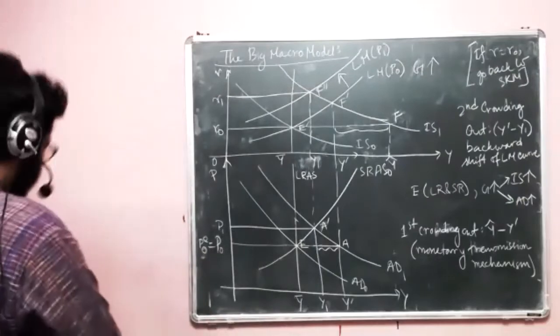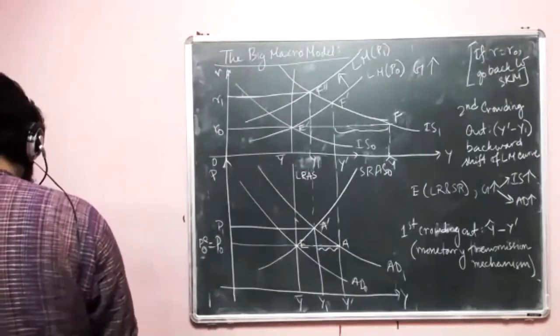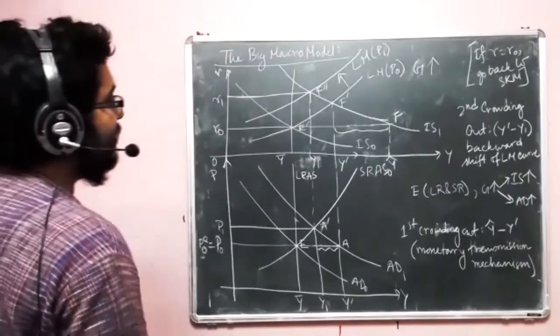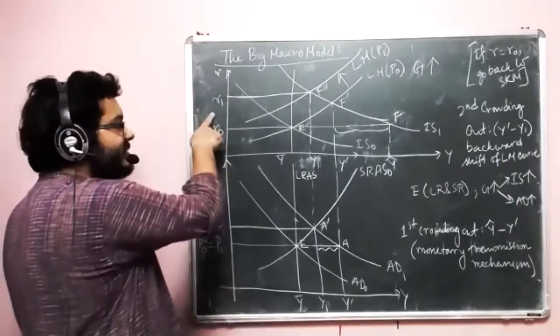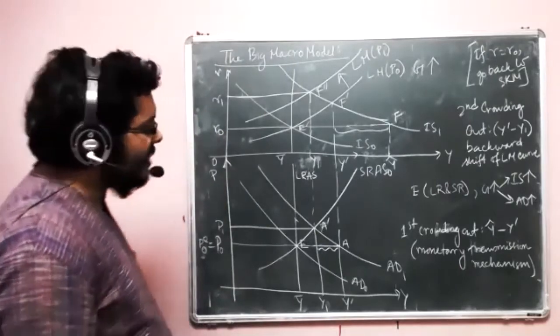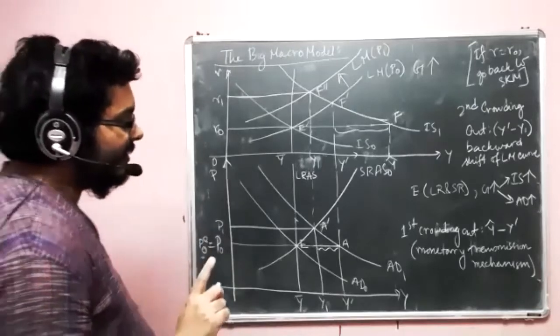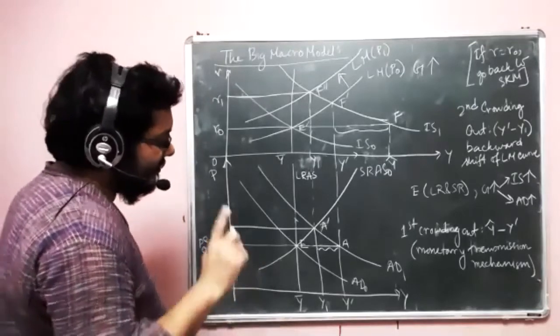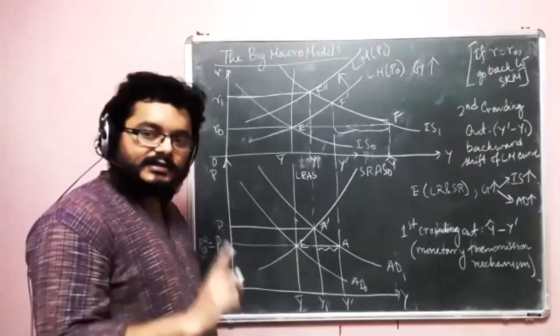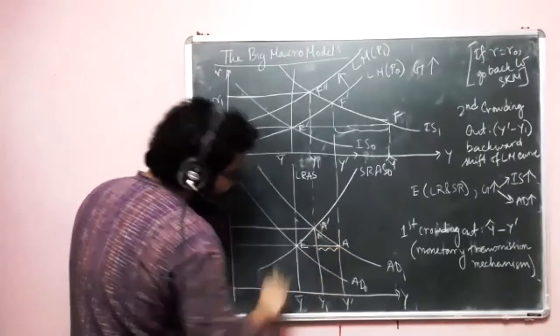So the supply of real money balances got reduced, and in effect, interest rate increased, investment reduced, so aggregate demand reduced. But that reduction in aggregate demand is very different, in the sense that by the reduction of demand, we are saying a movement along aggregate demand, right?